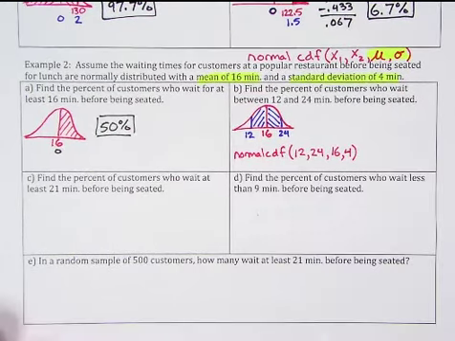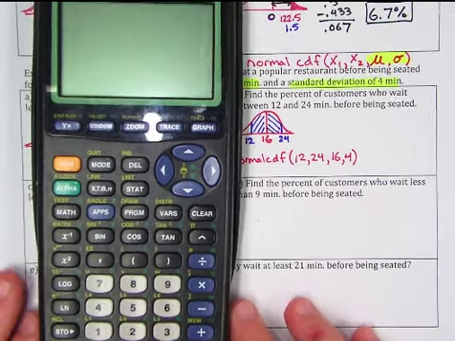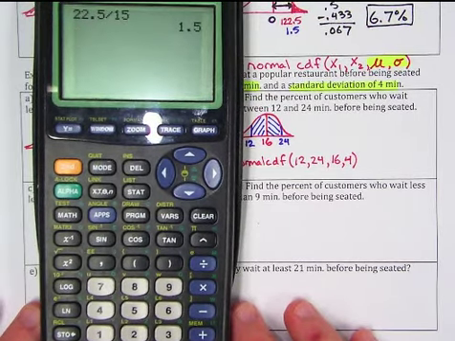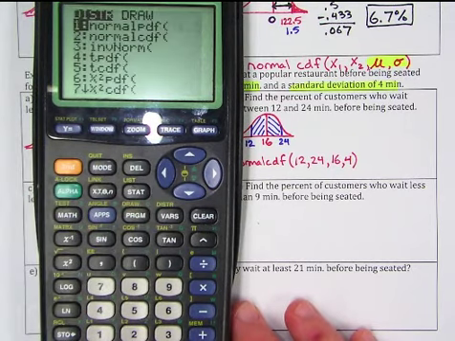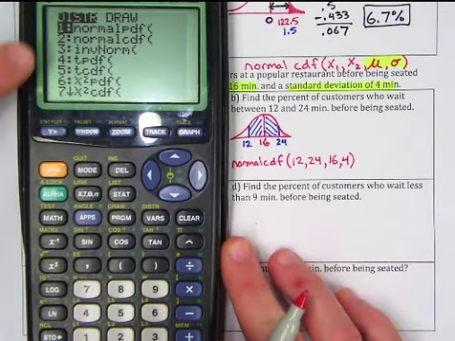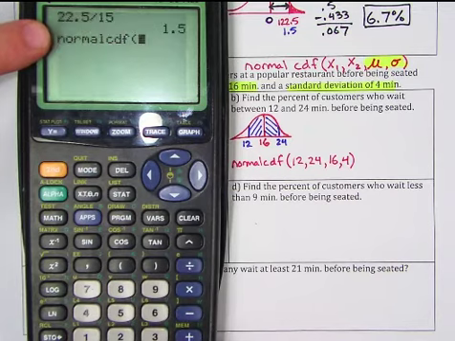So let me show you again where these are. You want to press second distribution, DISTR. We want to choose normal CDF. And then we want to type in our numbers.